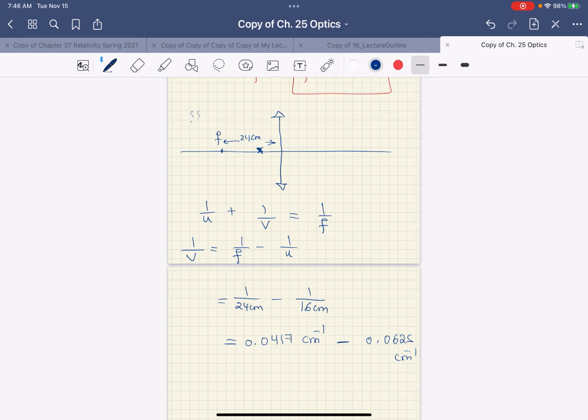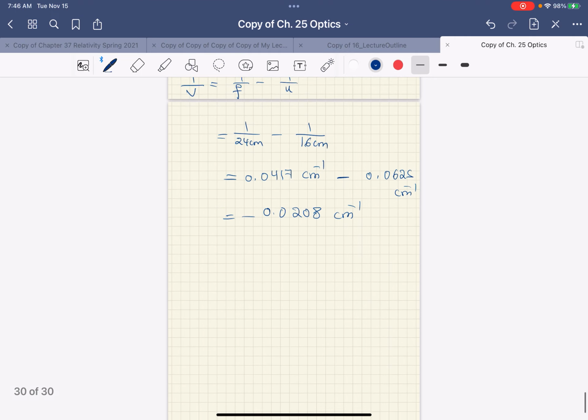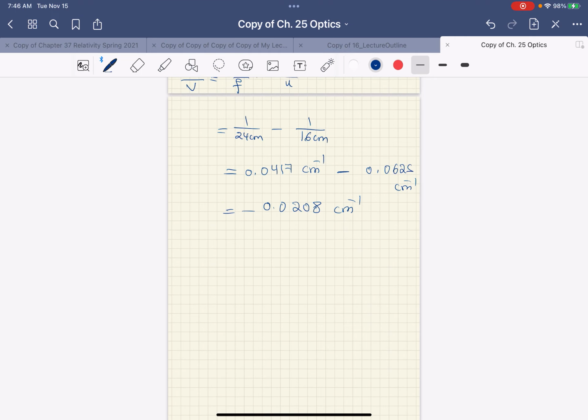That is negative 0.0208, and I'm gonna get 1 over this number. This is gonna be negative 48.1 centimeters, so if the insect, the object, is at 16, the image is at 48.1 centimeters.